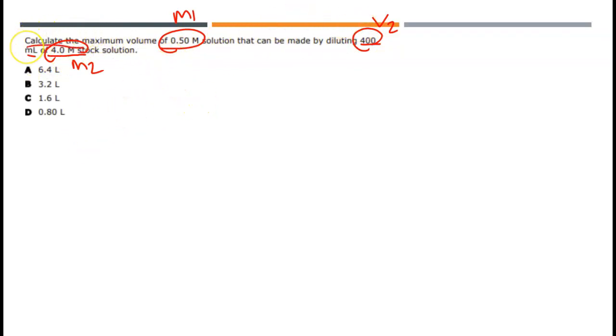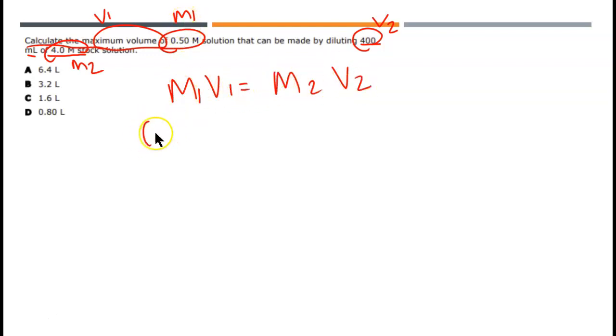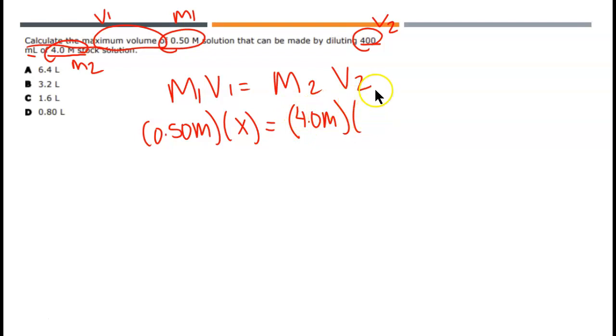So we're going to calculate the max volume. So we're going to calculate V1. Our equation is M1V1 equals M2V2. We labeled this one as M1, so it's 0.50 molarity. V1, we don't know what it is, so we're going to call it X. M2 is the 4.0 molarity. V2 is 400 milliliters.